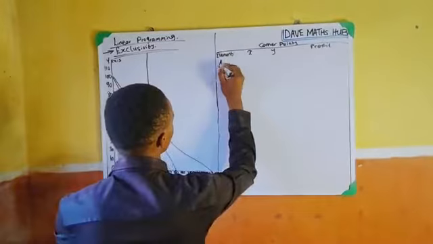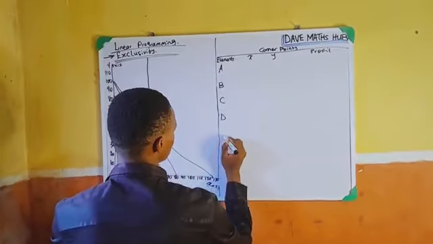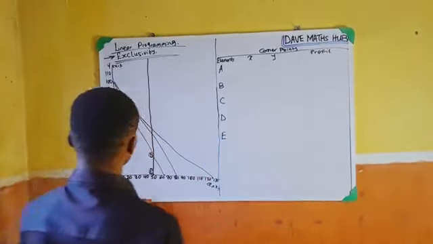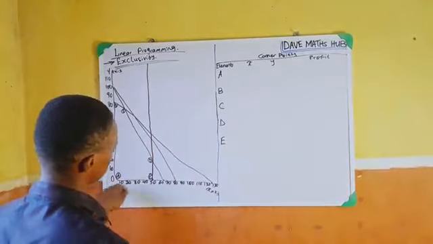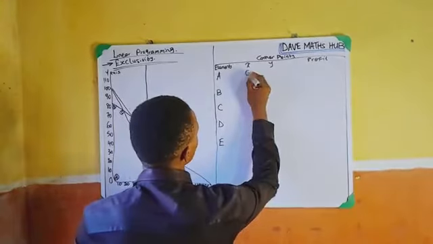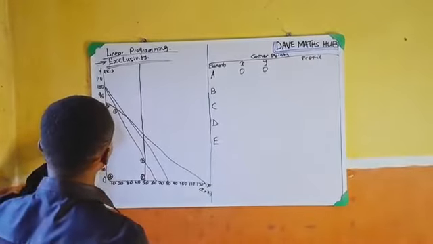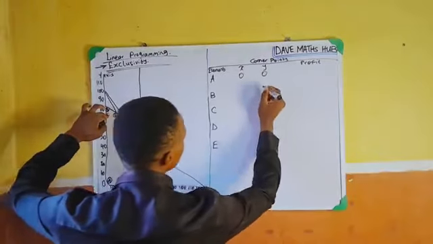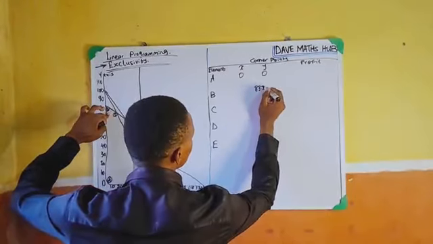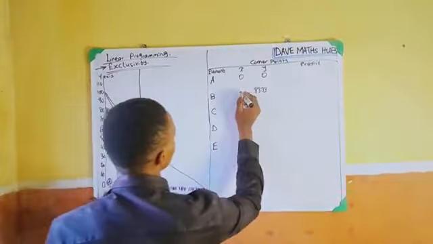For A, it is 0 for y and 0 for x. For B, it is 83.3, remember, for y, and coming down to 0 for x.